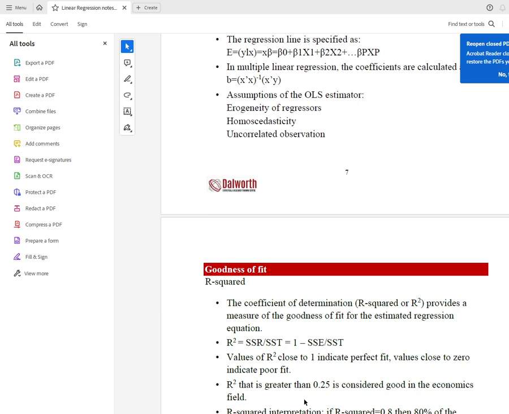If you're dealing with an econometric model, we say your R squared should be not less than 25%. So if you get a model that has less than 25%, we say your model is too weak for prediction. So you need to work on your independent variables.